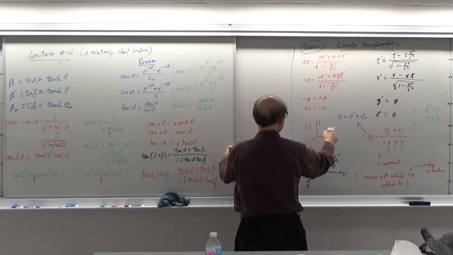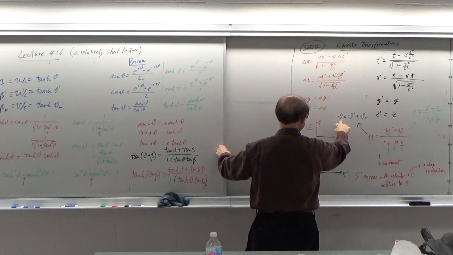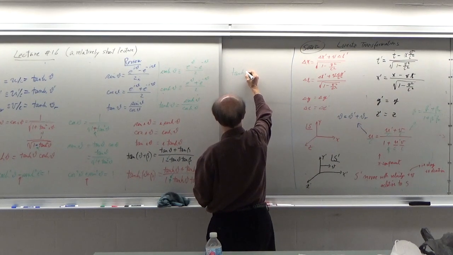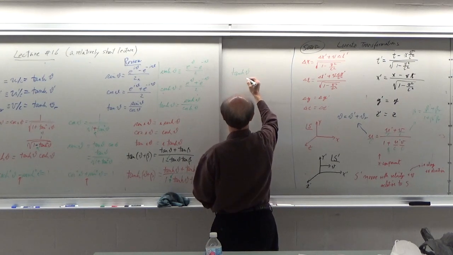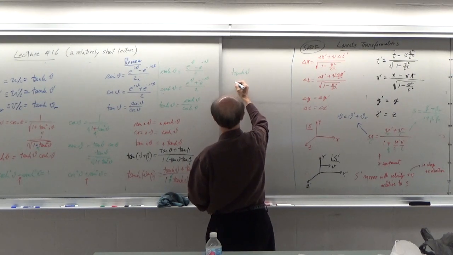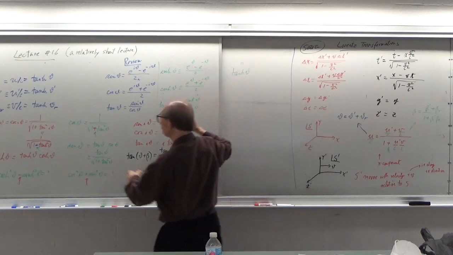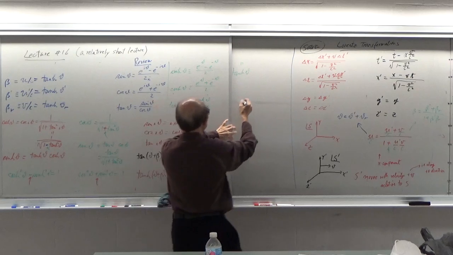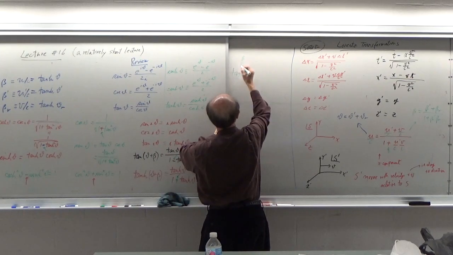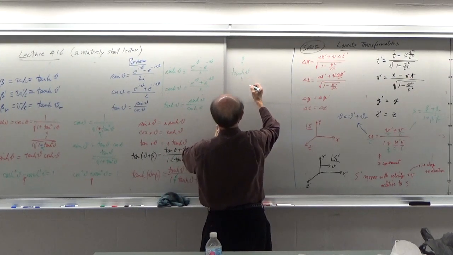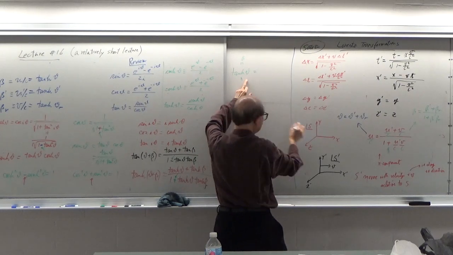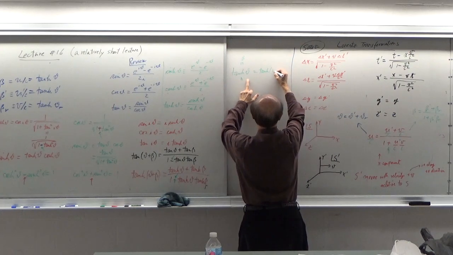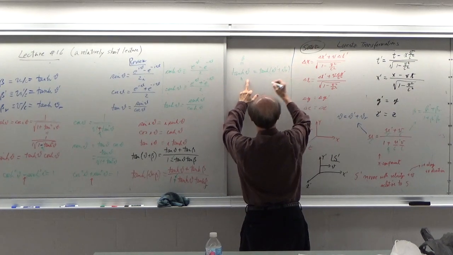To do that, all I have to do is consider tangent of theta. That of course is beta. And this is equal to tangent of theta prime and theta sub r.